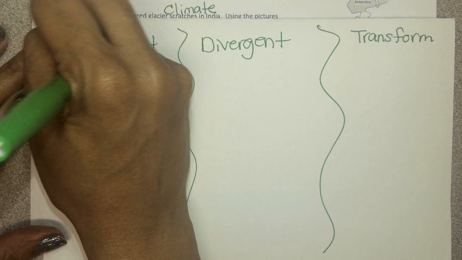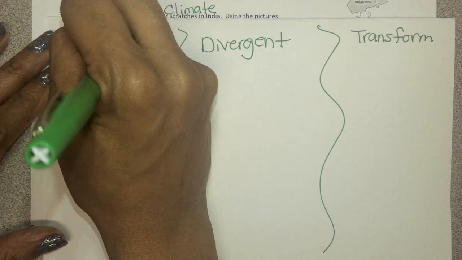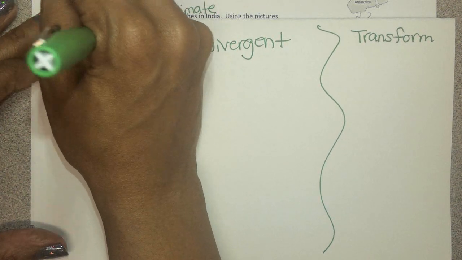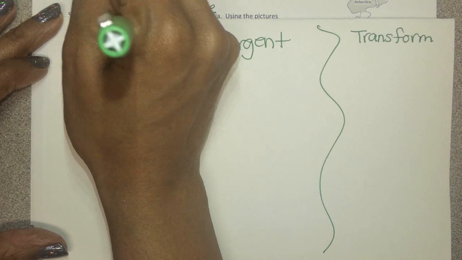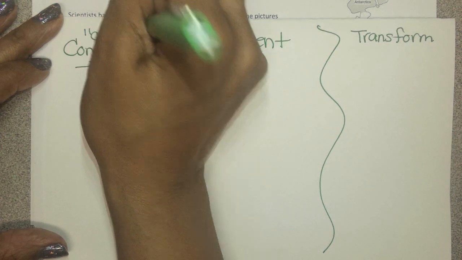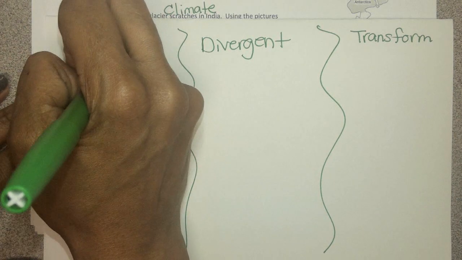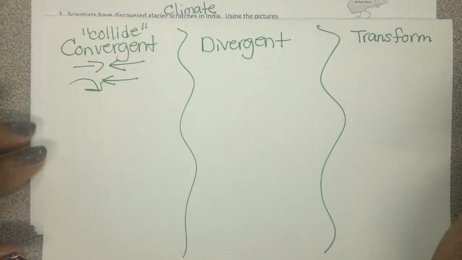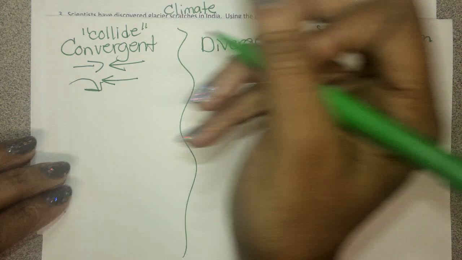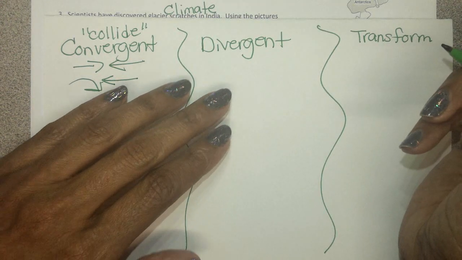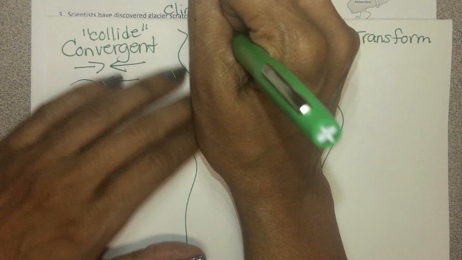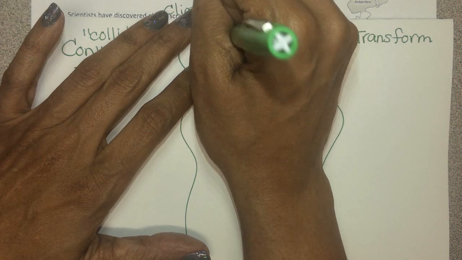So convergent, they're coming together or they collide. And also with a convergent boundary, you can have subduction, which is a process where a denser plate sinks underneath the less dense plate. Okay, divergent, you divide.